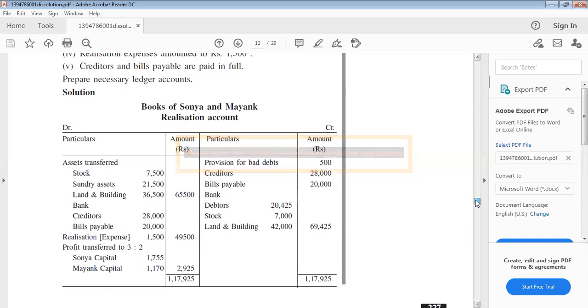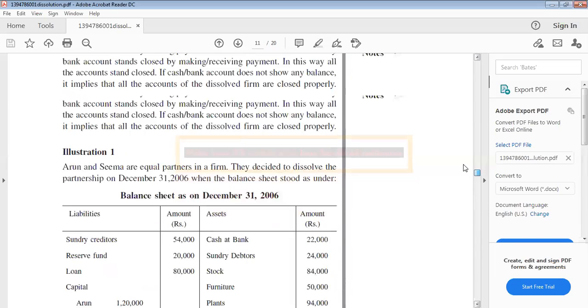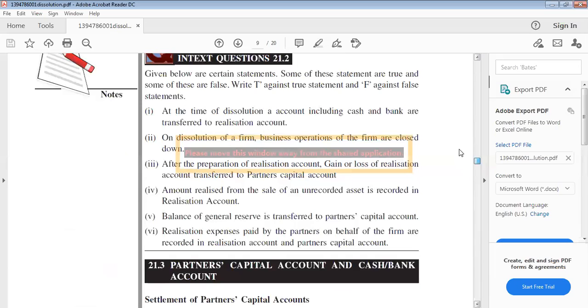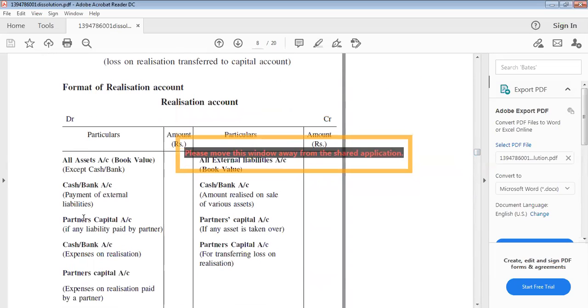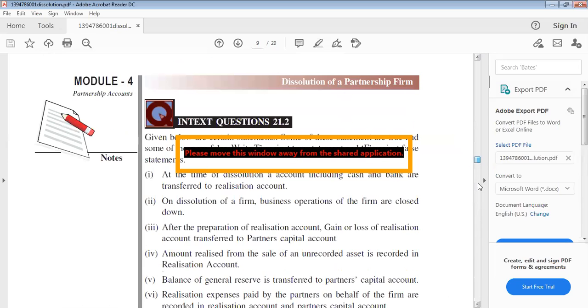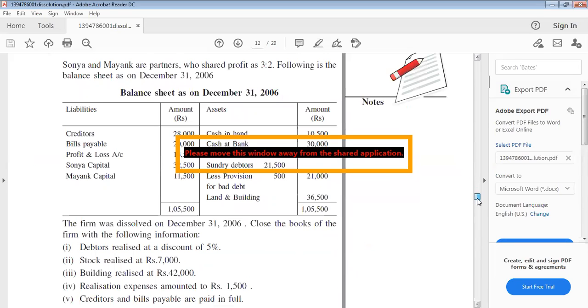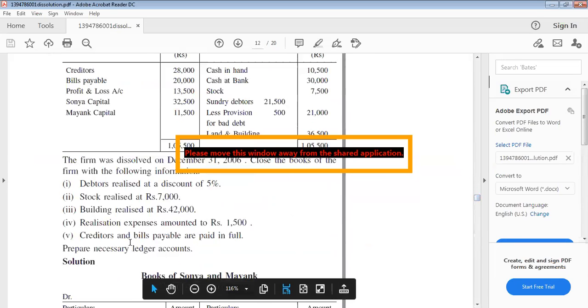Then you would remember the steps again. You have to read these steps for yourself and remember them for yourself, all right? The next step now is to put in the payment of external liabilities, which was said a while ago to be paid in full, so that the creditors and bills payable are paid in full.